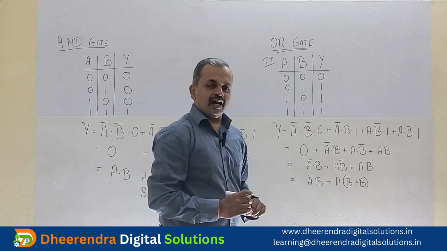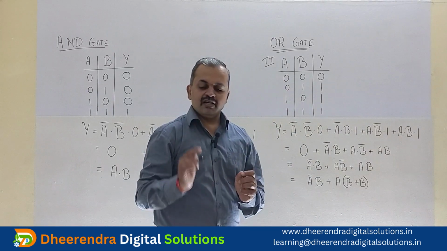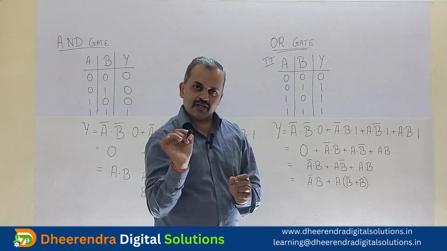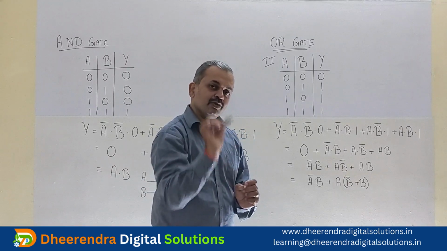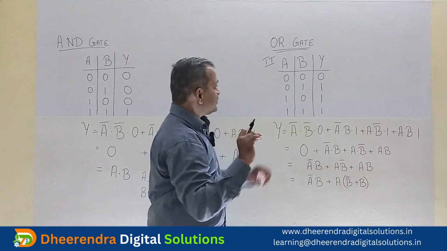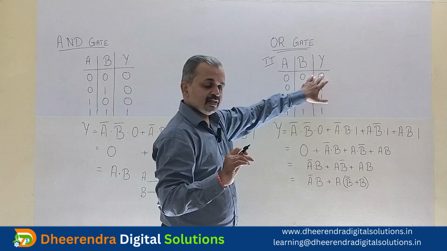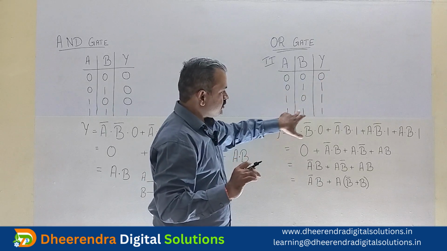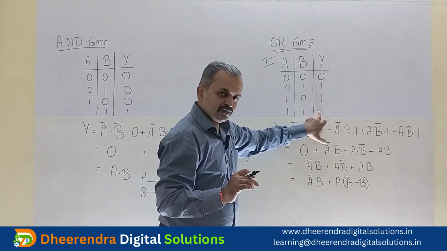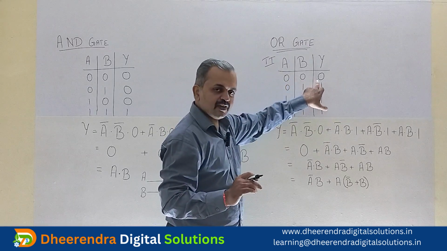Okay, and remember, when I'm using the OR gate, if the first part of the statement is true and the second part is true, then it is true. If the first part is false and the second is also false, then the result is false.